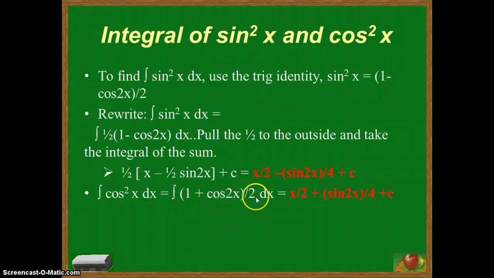We're going to take the integral of that, and I sort of skipped a step here, I apologize, but the integral of that would be x plus 1/2 sine of 2x, all multiplied by 1/2 because we're going to pull the 1/2 to the outside. And that simplifies into x over 2 plus sine of 2x over 4.